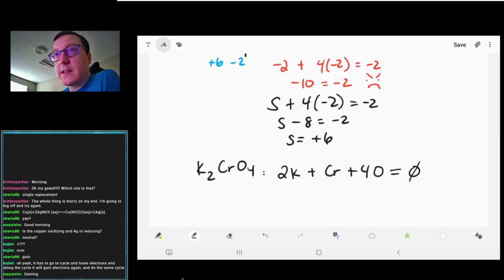Okay, so let's go ahead and look at our rules. Do we have any element by themselves? No, of course, we have 3 elements in this compound, so nothing is by itself. How about simple ions? Do we have any simple ions here?